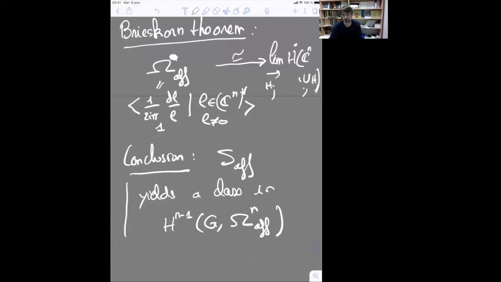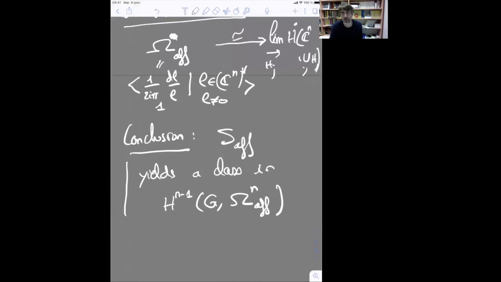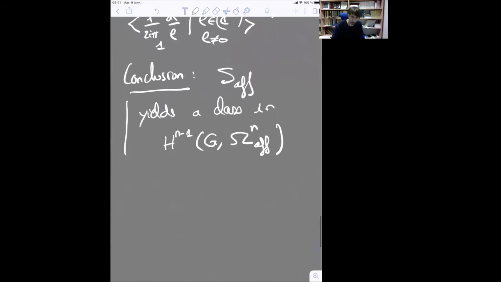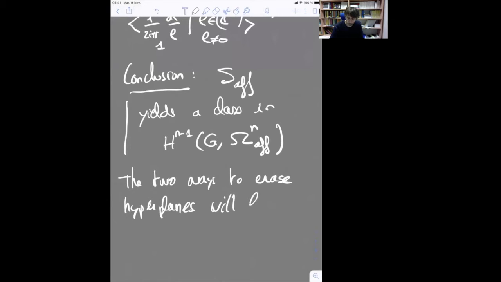So let me destroy the suspense immediately and give you the formula for a cocycle representative of this cocycle. So the two ways to erase hyperplanes will eventually lead to two cocycles.